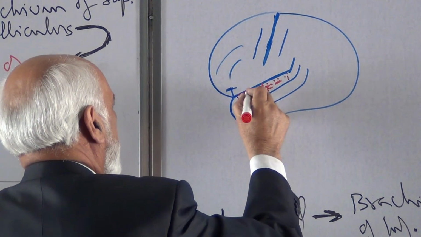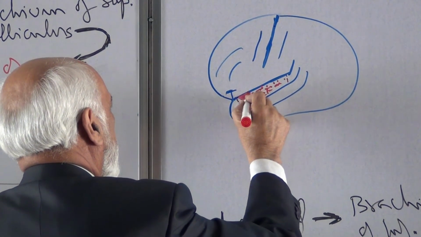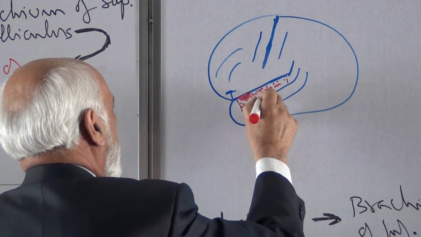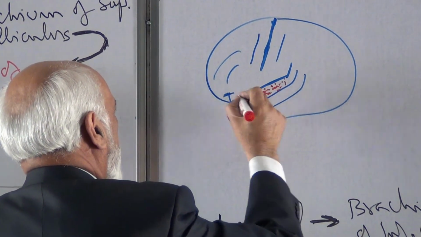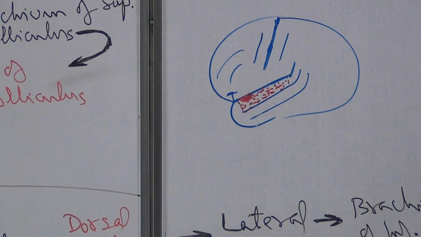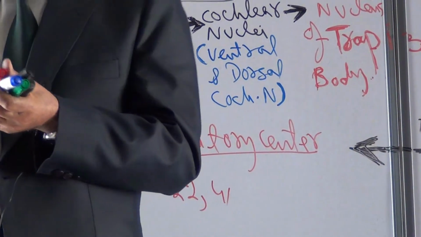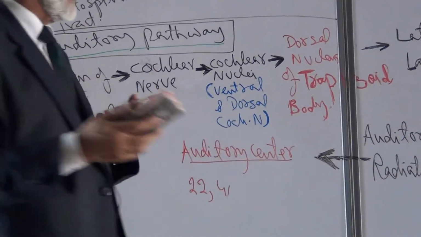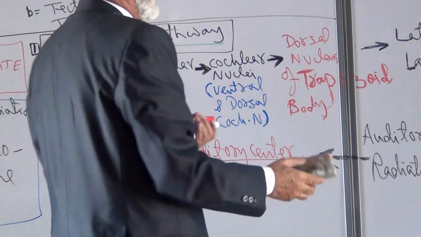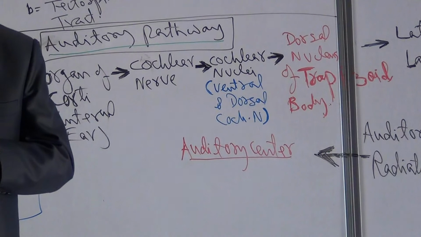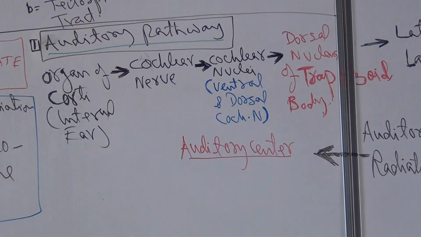This is the auditory center, Brodmann cortical areas 22, etc., in the supralateral surface of the brain. So I will again revise.